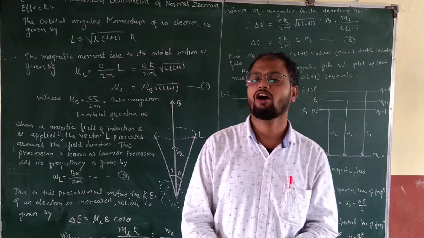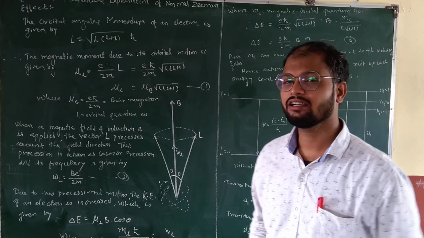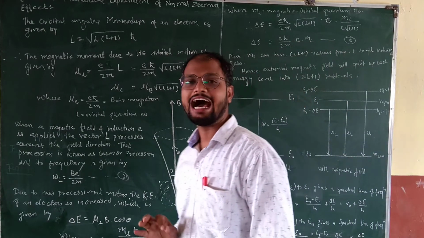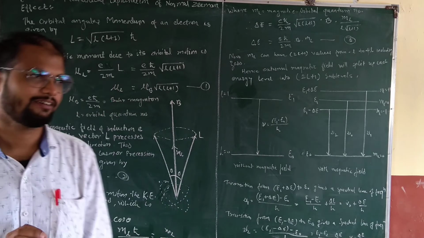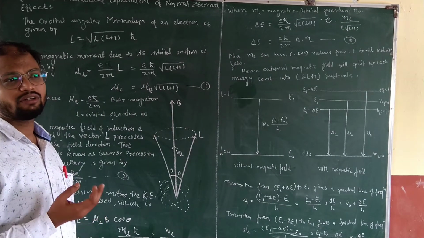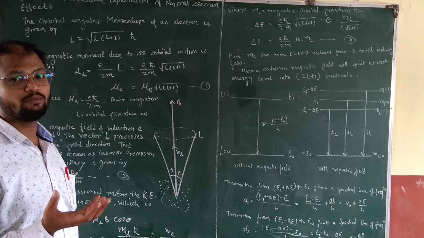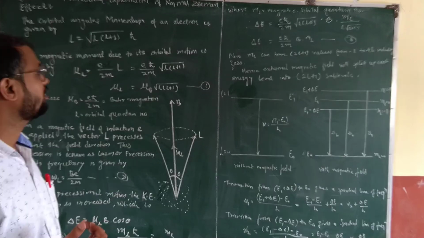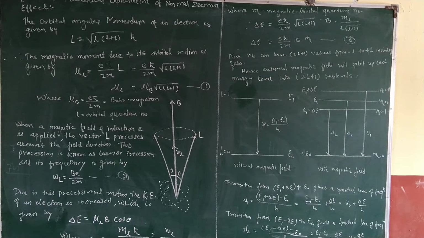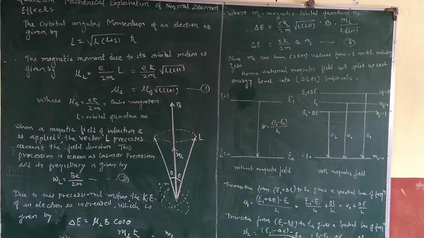Debye explained the normal Zeeman effect by considering only the orbital motion of an electron, without considering the spin motion of the electron. So in this quantum mechanical explanation, first we consider the orbital angular momentum of an electron.